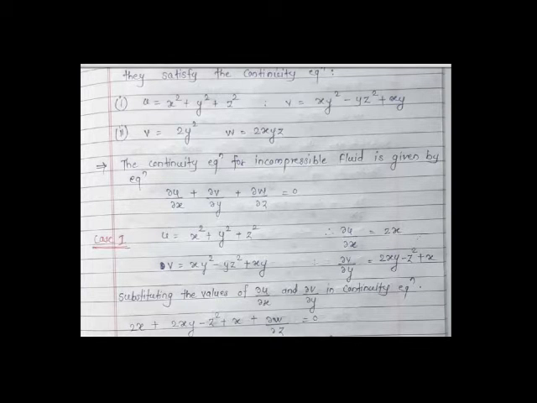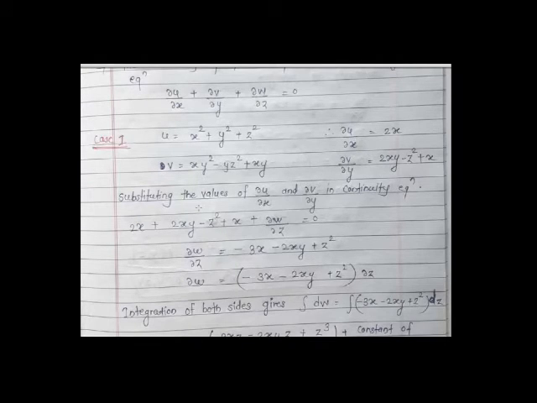And dou v by dou y we get 2xy minus z squared plus x. After differentiating v, we get dou v by dou y is equal to 2xy minus z squared plus x. Then substitute these values of dou u by dou x and dou v by dou y into the above continuity equation.